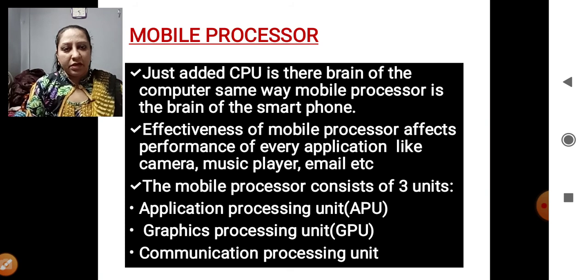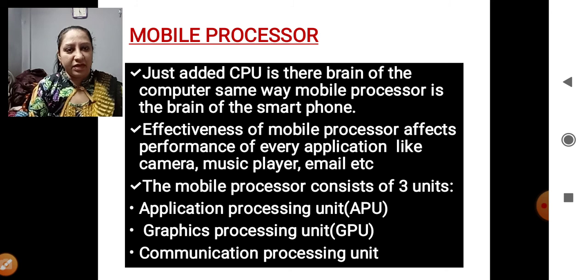The first, very important component is your processor. We know that in the computer the most important part is the CPU, which is called the brain of the computer. Similarly, the microprocessor is also called the brain of your mobile. Let us see what functions it performs.